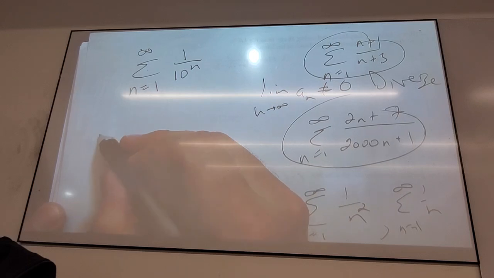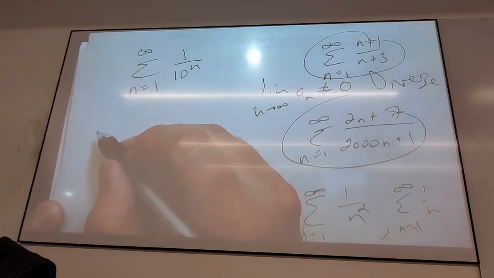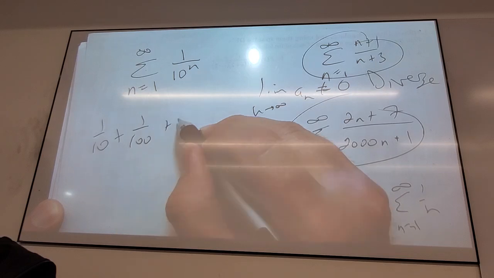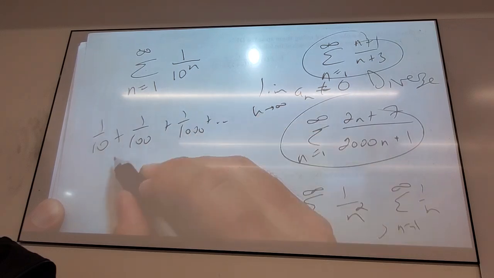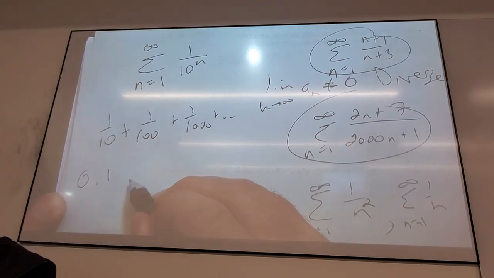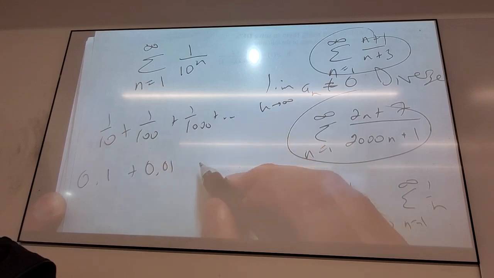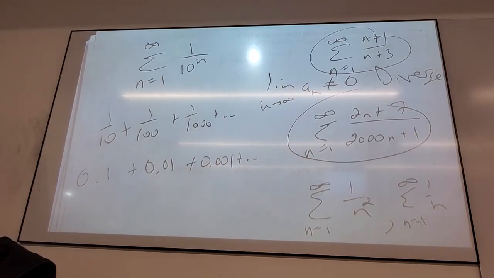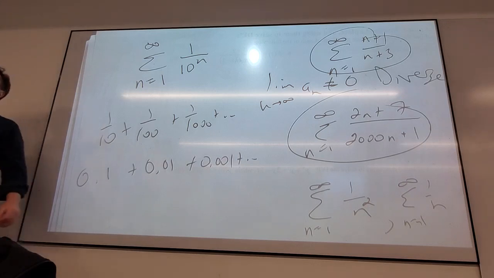Can somebody tell me a few elements of this? 1/10, 1/100, 1/1,000. Now real quick, what's that as a decimal? 0.1. Isn't this the thing I keep using? Can somebody tell me the sum? Not the limit, but the sum.